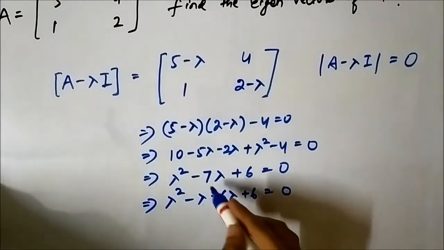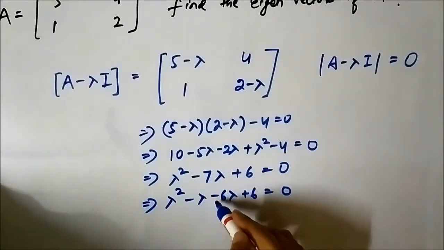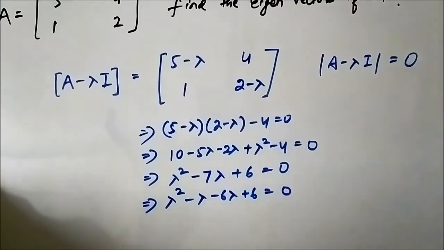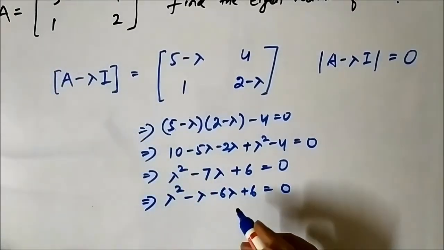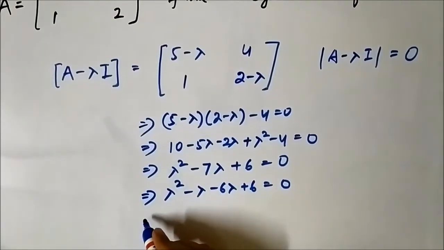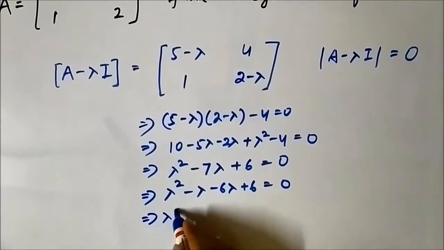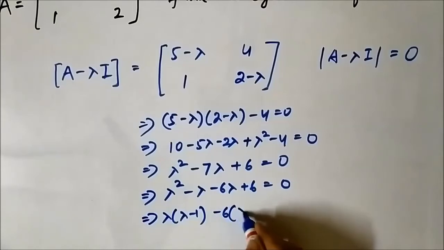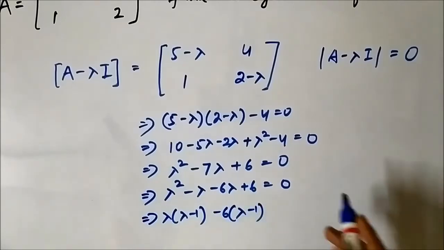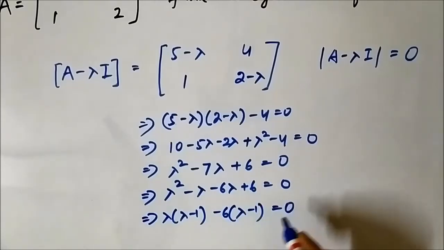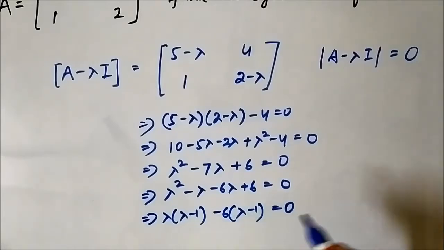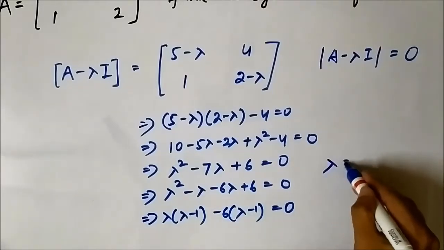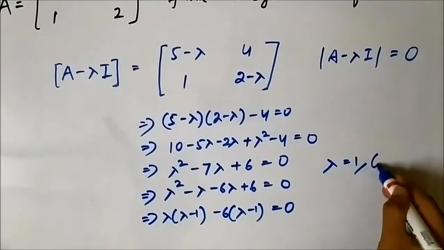See, minus 1 minus 6 is minus 7, minus 1 into minus 6 is 6. So it satisfies the quadratic equation format. So it will be lambda into (lambda minus 1) minus 6 into (lambda minus 1) equal to 0. So the two eigenvalues are lambda is equal to 1 and 6.